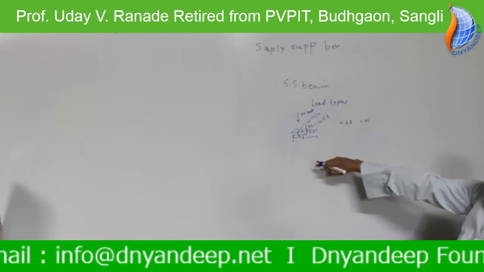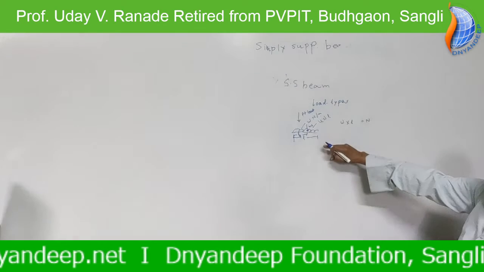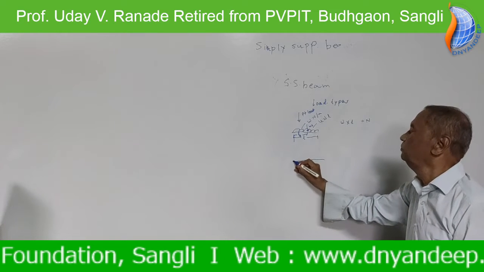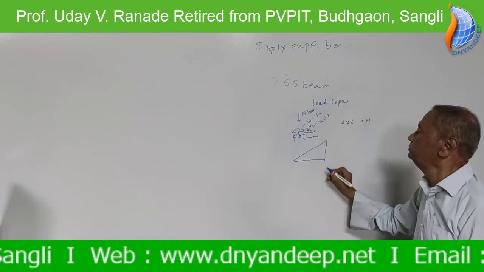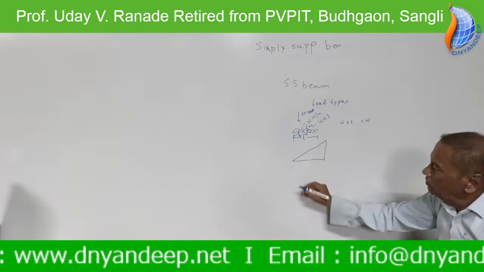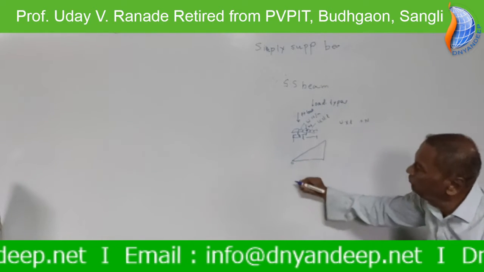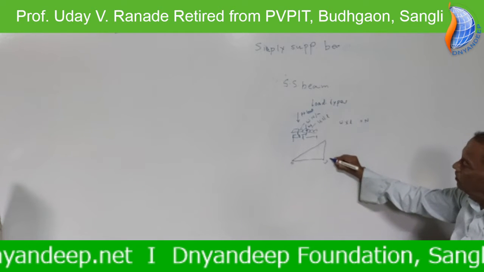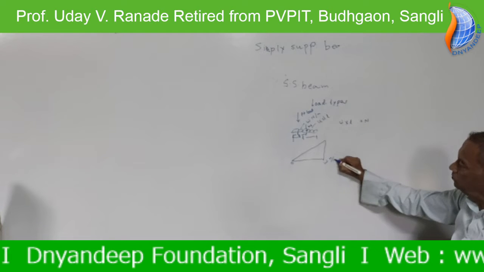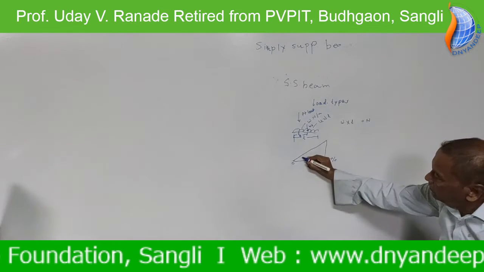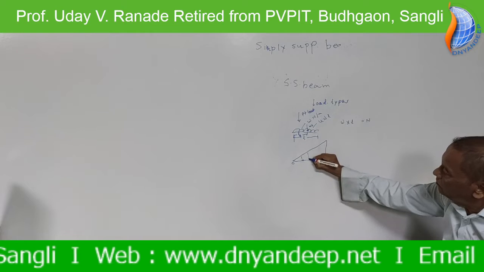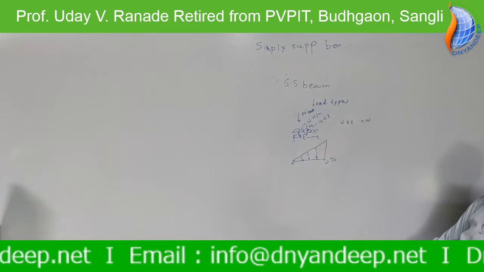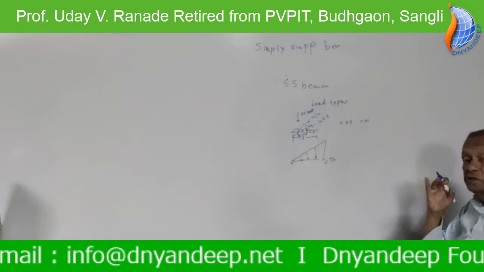So first is point load, second is uniformly distributed load, third type of load, triangular load. At one end load is 0, at other end W Newton per meter, and these loads act in this fashion and so on. Now in this case, what is the total load?